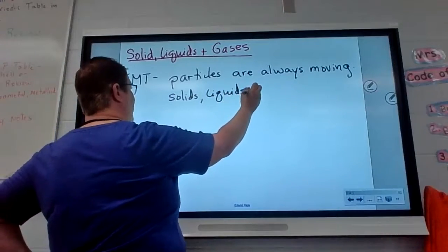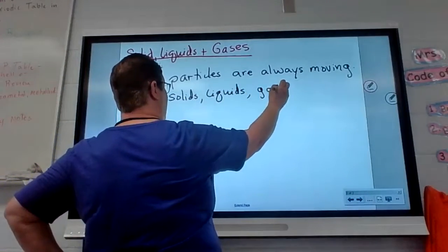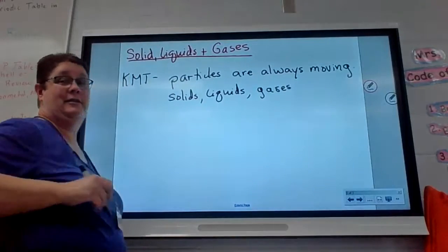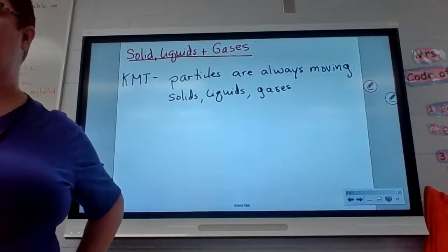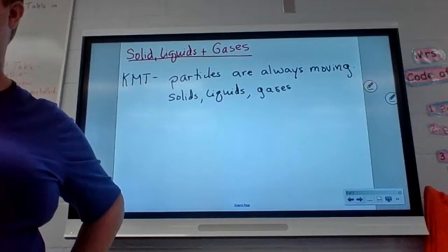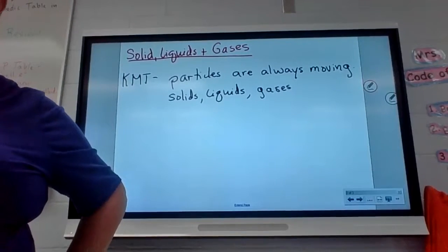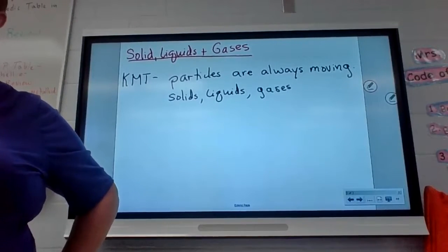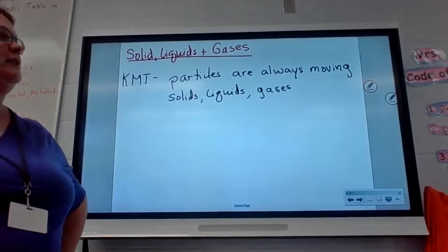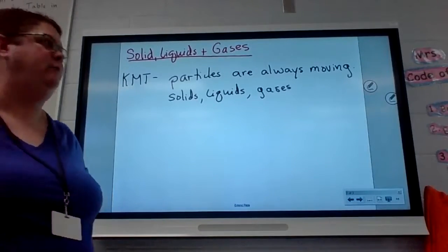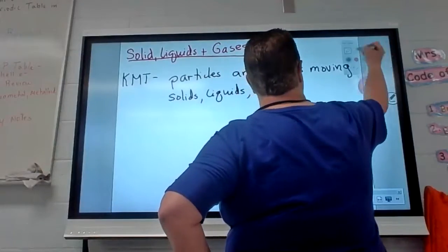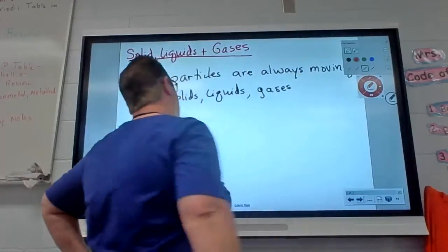We did not have 100% of us get that question right on the test. I sort of thought we would, but we did not. I know, y'all should feel bad that you did not get that right. Now, if solids, liquids, and gases all have motion, when did we say in the last unit when we did gases, motion stops?